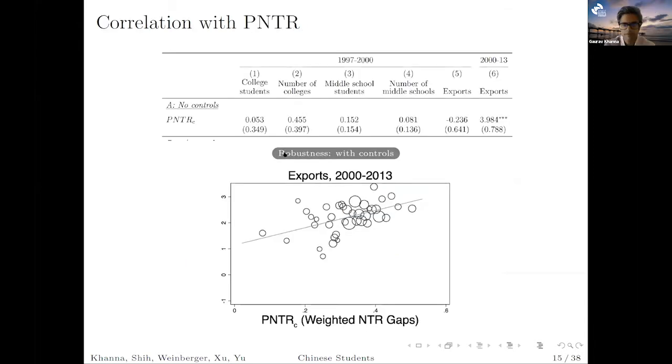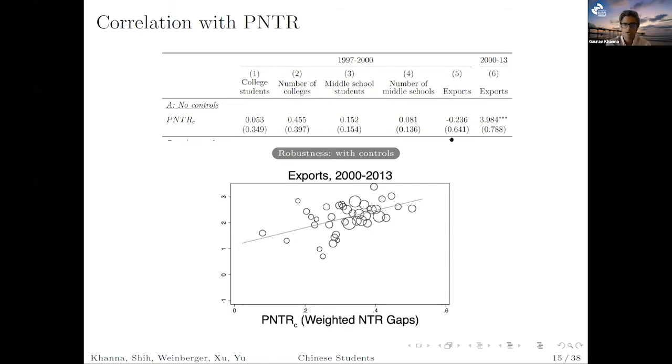We can do some tests. For instance, we can look at the pre-period before China joins the WTO, so before 2001, this IV, this instrumental variable that we've created, how is that correlated with a bunch of things? Most importantly for us, how is that correlated with the education sector? There's not that much correlation that we can detect with the education sector in terms of college students or number of colleges.